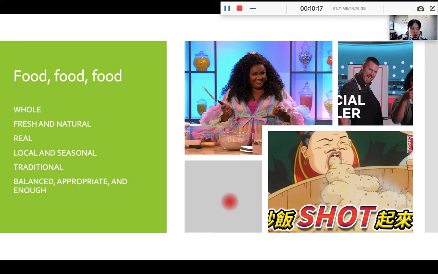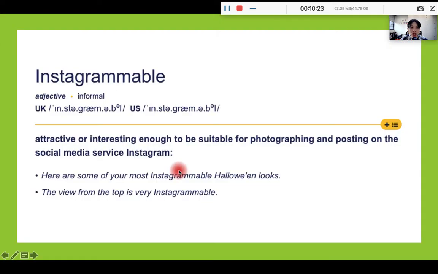We have learned different ways to describe food so far. Another part of the warm up is a very trendy word. This is a new adjective, okay? Now people all take pictures before they eat, so we need a new adjective to describe the food we eat. And here we go.